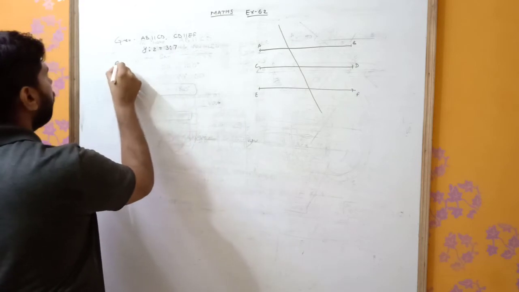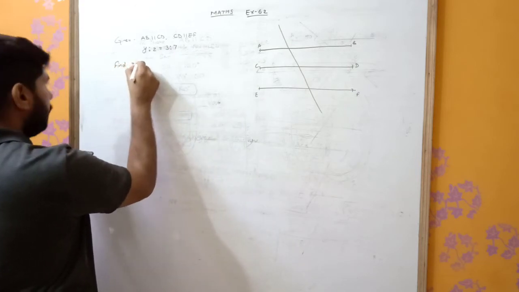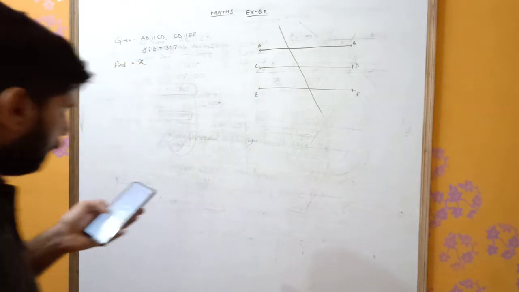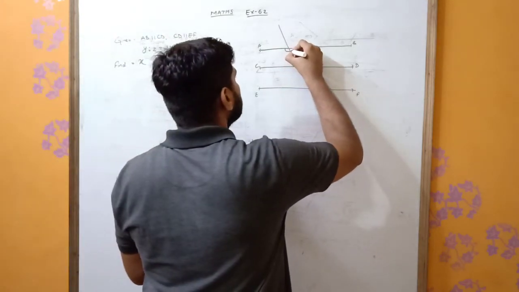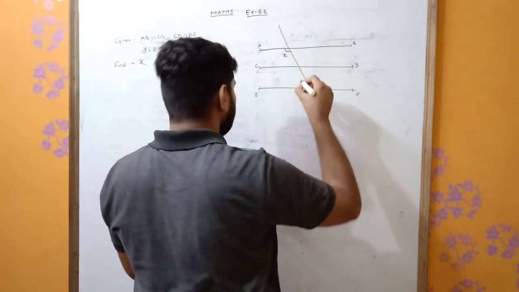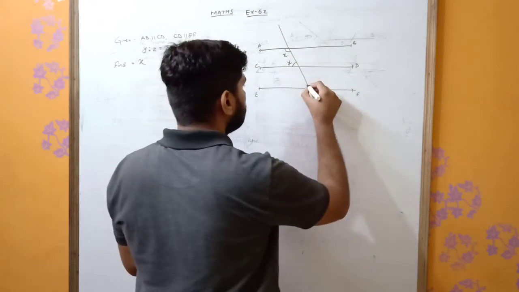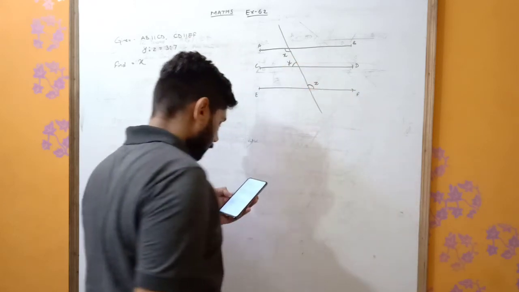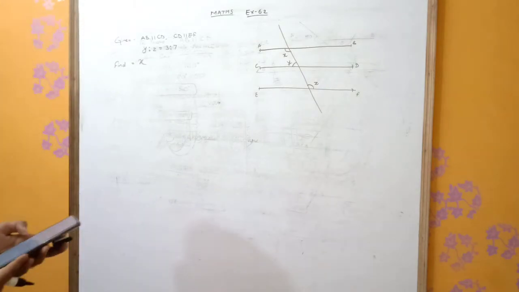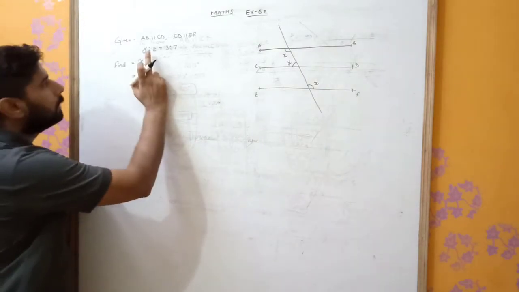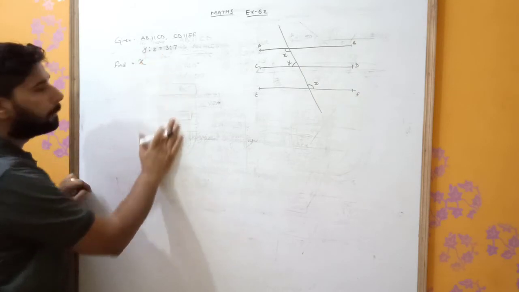And what we have to find? We have to find x. This one is x and this one is y and this one is z. Let's see. In the question, ratio is there.